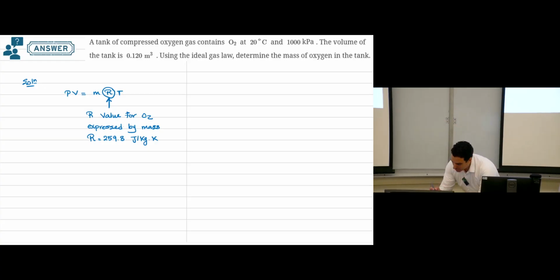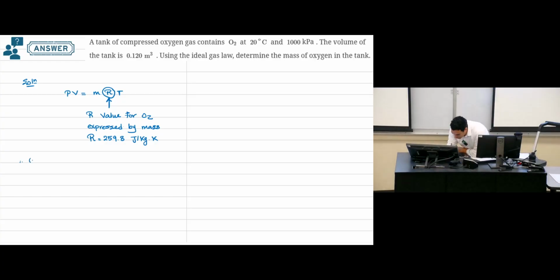So you can put the numbers again, then you can say 1000 kilopascal times 10 to the power 3 to convert it to Pascal, times volume 0.12 meter cube equals M times R, 259.8, times 20 plus 273.